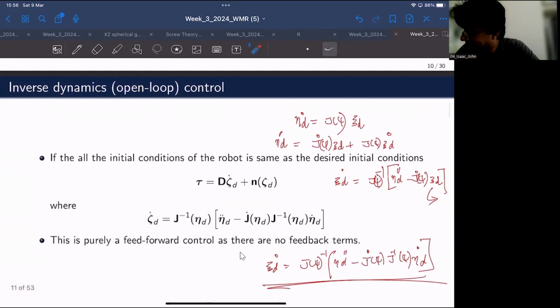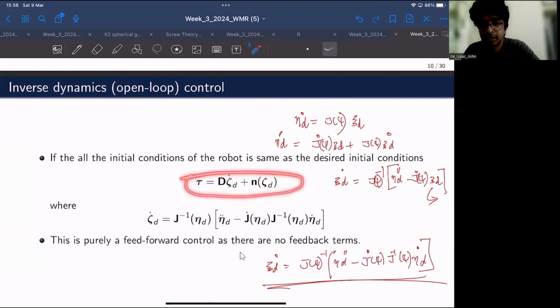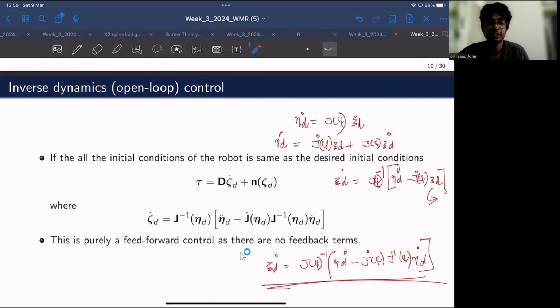And again, there are limitations actually. Like if zeta desired dot is 0, then this control strategy may not work satisfactorily. Or if there is a difference between the initial condition of the desired trajectory and the initial condition of the actual trajectory, the robot may deviate from the desired trajectory.